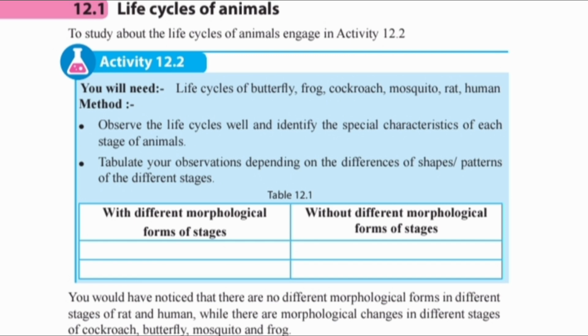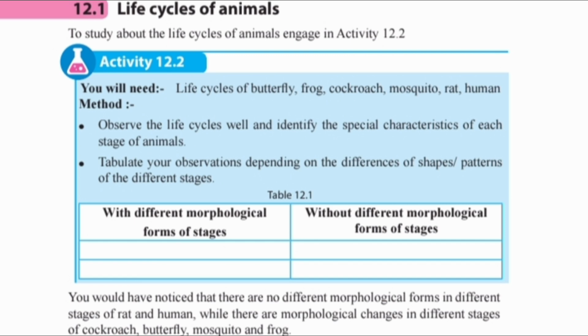The first column is with different morphological forms of stages. And the second column is without different morphological forms of stages.